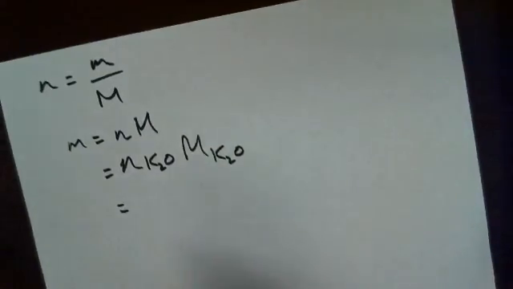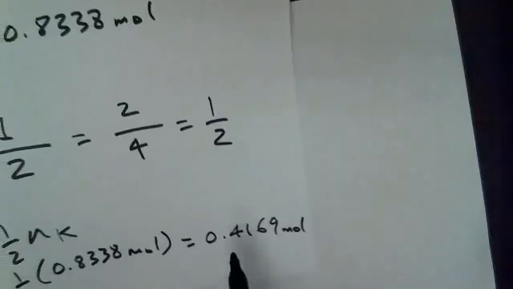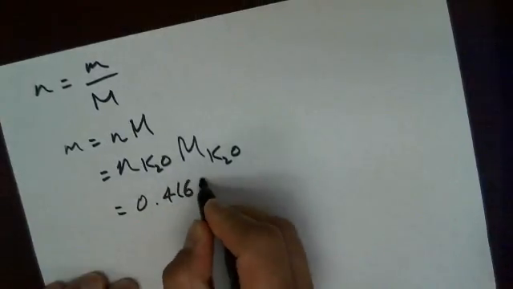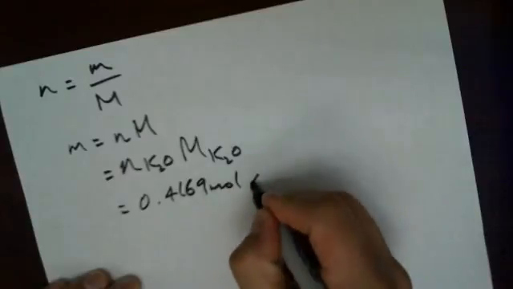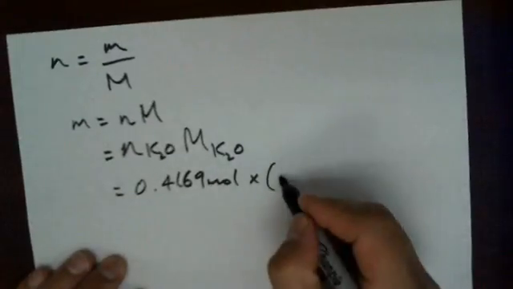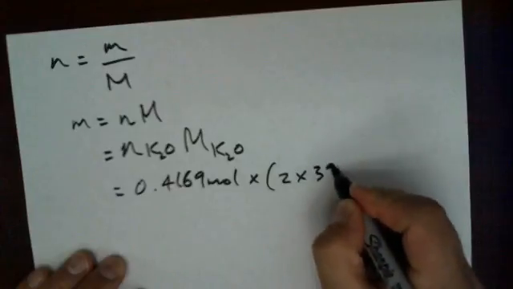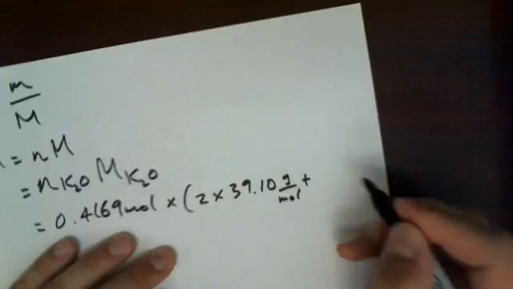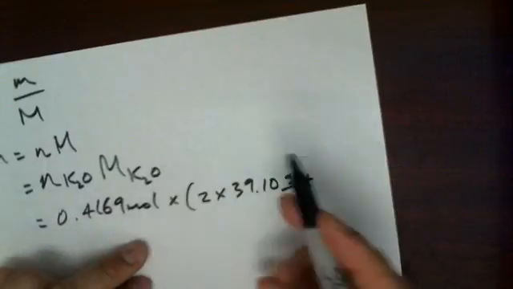And so the number of moles we just calculated, which is this 0.4169 mole, and then I've got to multiply by the molar mass of potassium oxide. And so there's going to be 2 lots of those potassiums plus 1 of those oxygens.